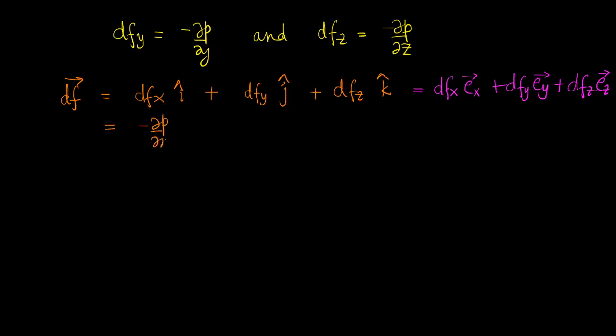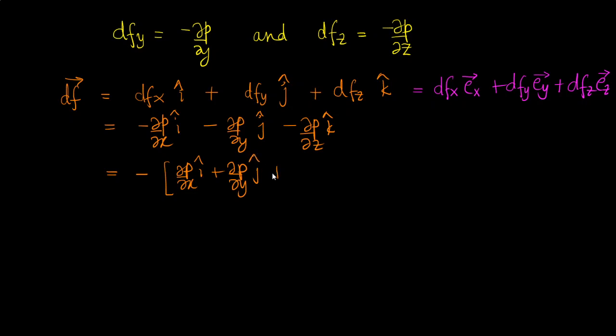It will be minus del p del x i minus del p del y j minus del p del z k. And if you look closely, this is actually minus of del p del x i plus del p del y j plus del p del z k. This is nothing but minus of the gradient of the pressure. Therefore, the body force acting on a fluid element is minus gradient of pressure.